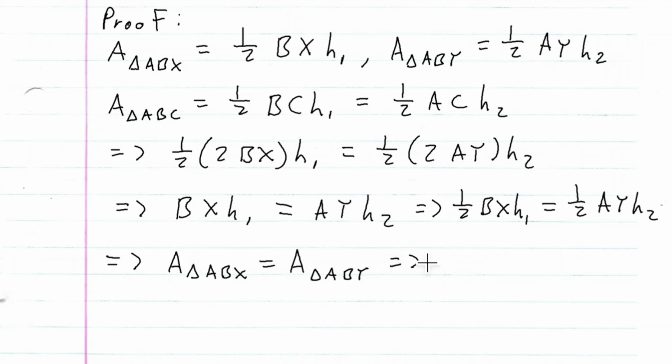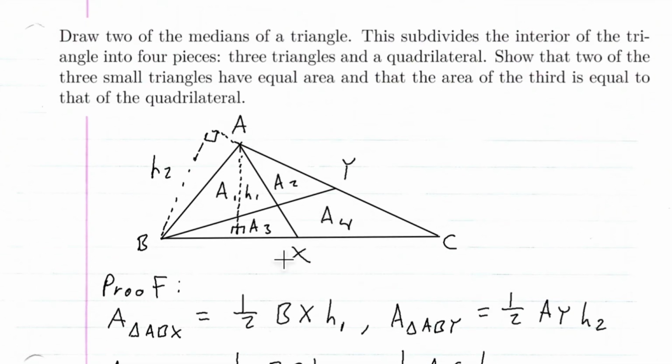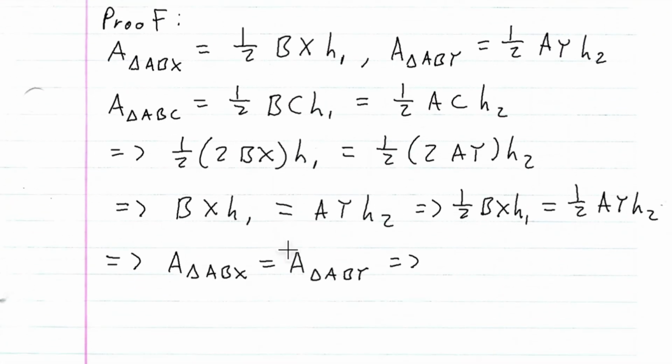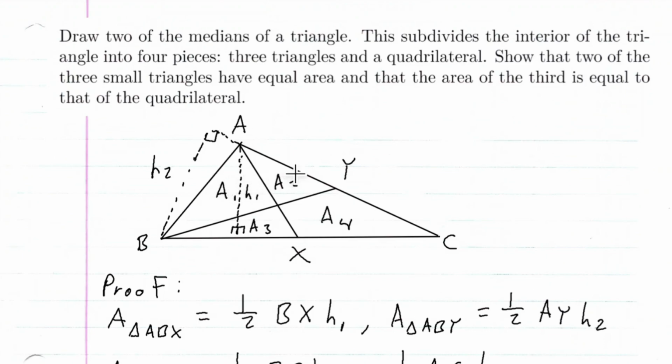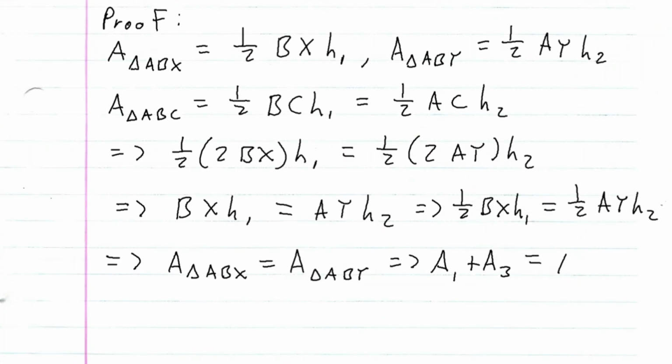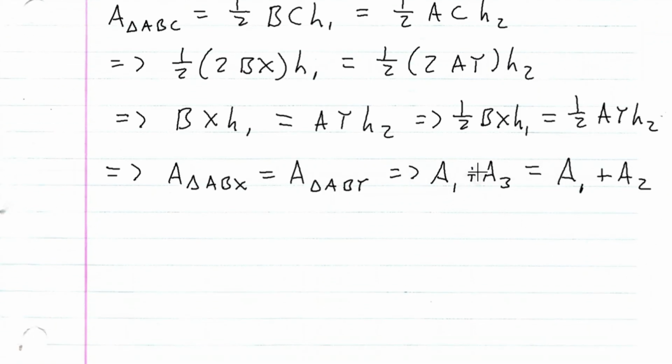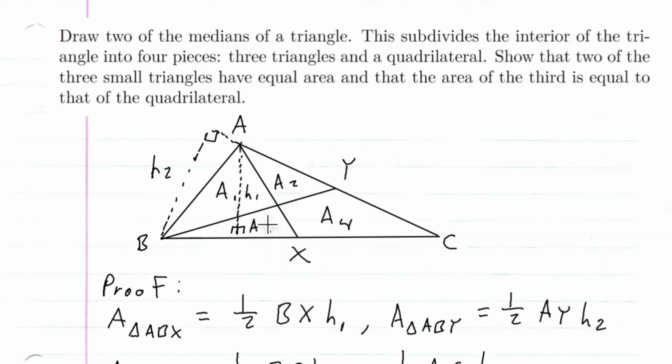That means A1 plus A3 is equal to A1 plus A2. If I subtract A1 from both sides, I get A3 is equal to A2. So I proved that these two triangles are in fact equal to each other.